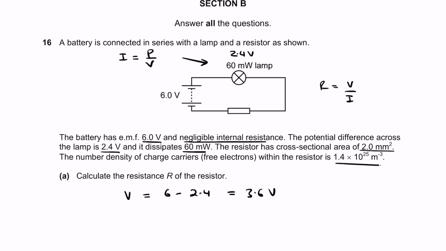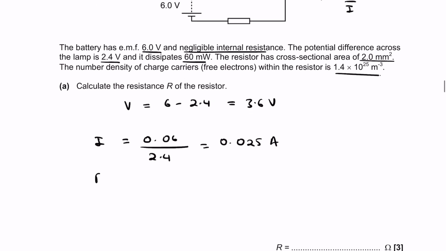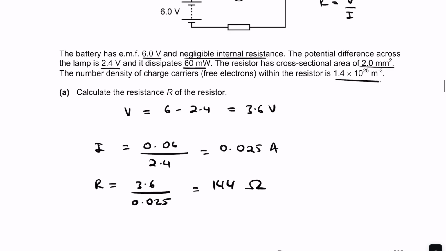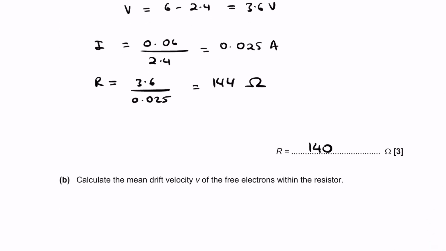So the current across the bulb, which is the same as across the resistor, will be 0.06 over the voltage, which is 2.4, which gives me 0.025 amps. Therefore the resistance can be worked out as simply 3.6 volts over 0.025, and this gives me an answer of 144 ohms. Because everything is rounded to two significant figures, it will be 140 ohms.